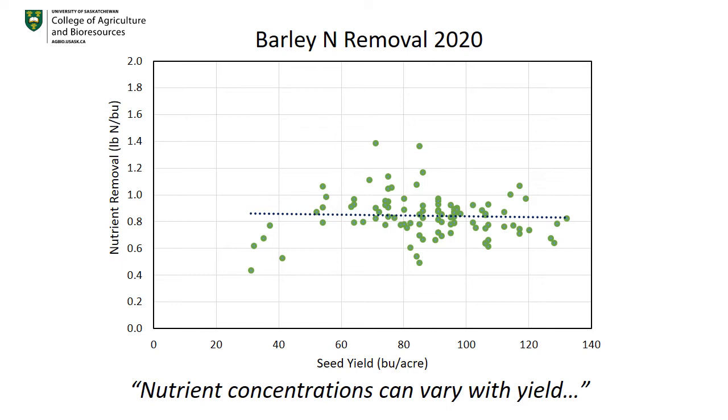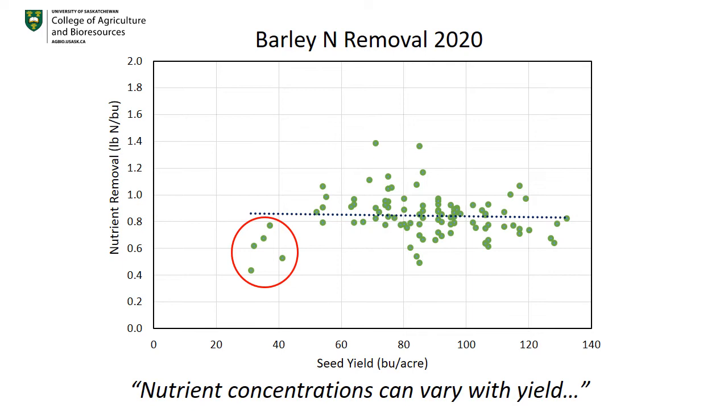When we look at barley nitrogen removal in 2020, we're certainly seeing lots of variation in the data, but it's not necessarily related to increasing yields, for instance. There is a suggestion that at those lower yields, the nutrient removal, and this is on a pounds of nitrogen per bushel produced, might be less.